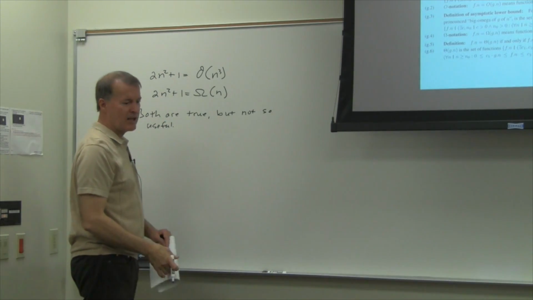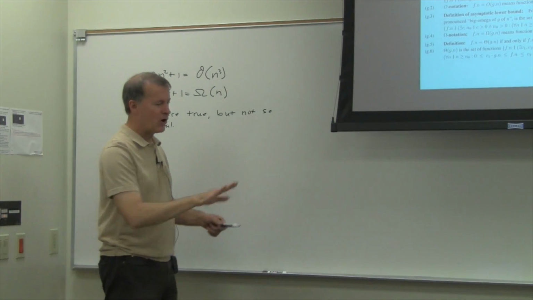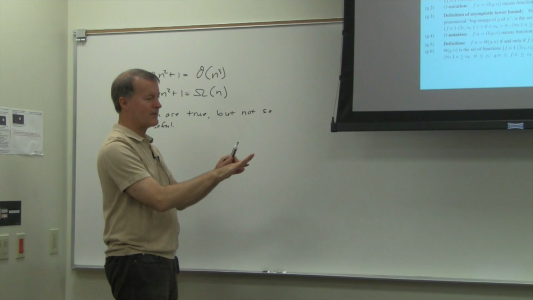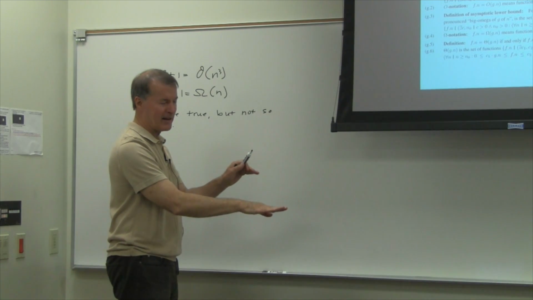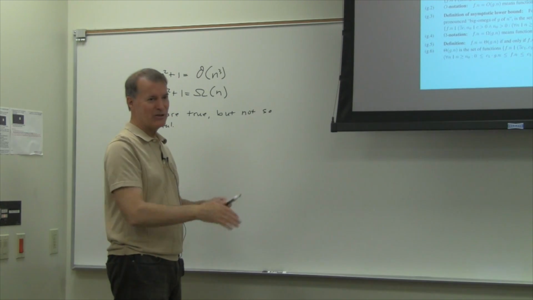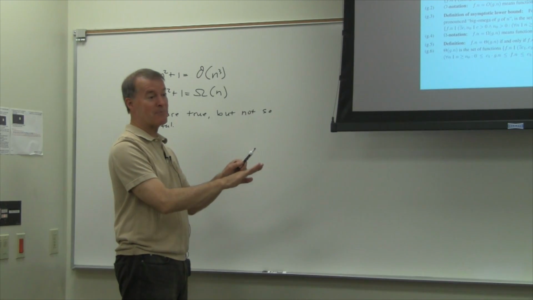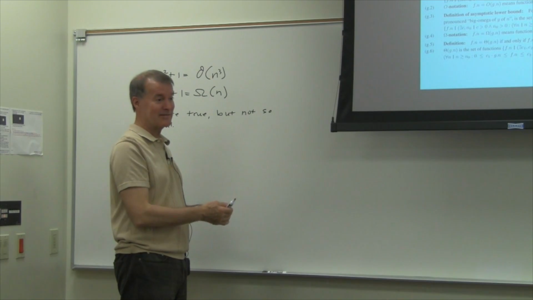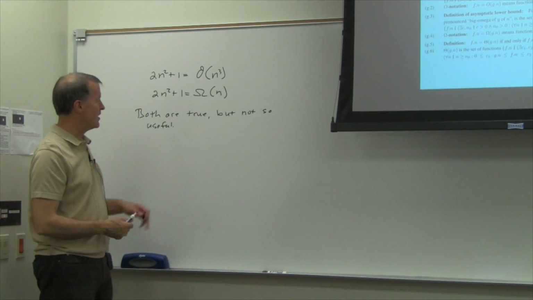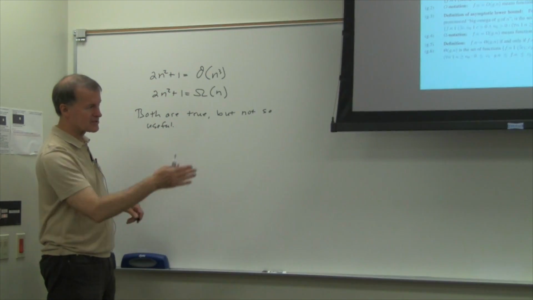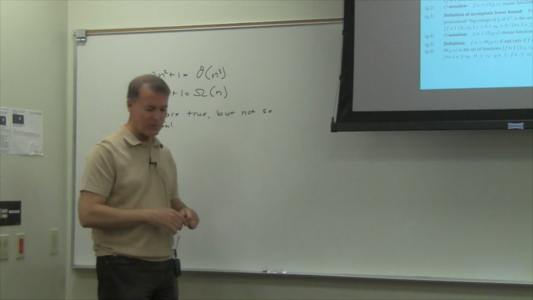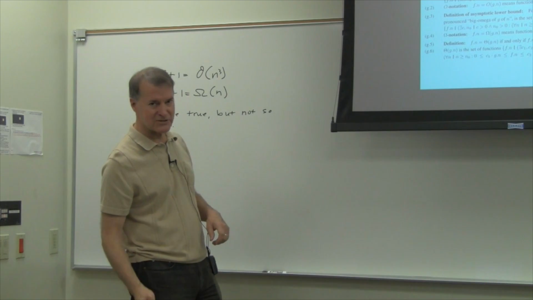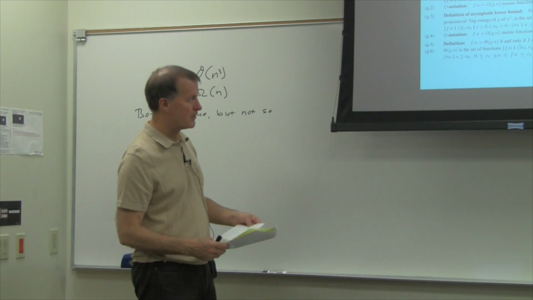Because if you know that it's bounded below by n squared, it's not saying a whole lot that it's bounded below by n. You're saying more when you say it's bounded below by a bigger function. You see what I mean? So even though these are true, they're not as useful as the upper bound and the lower bound that we did prove. All right? Is everybody clear with that?